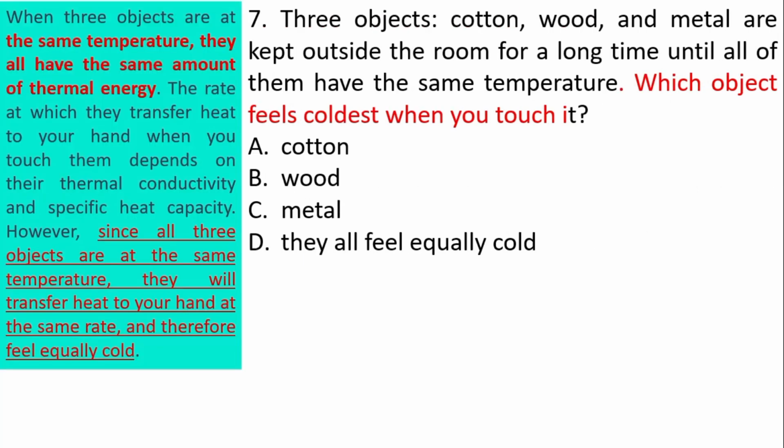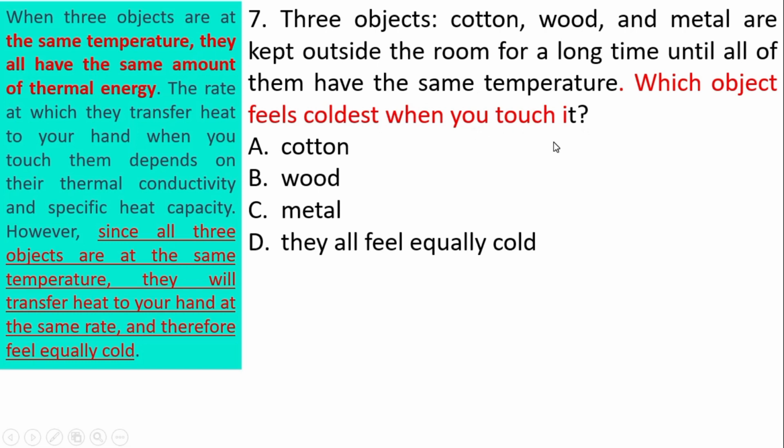Number 7. 3 objects, cotton, wood, and metal, are kept outside the room for a long time until all of them have the same temperature. Cotton, wood, and metal. Which object feels coldest when you touch it?